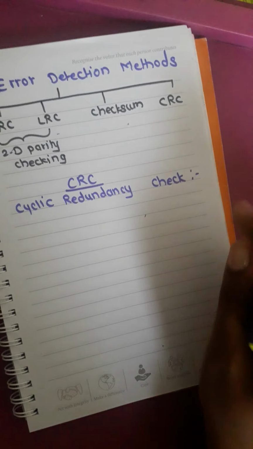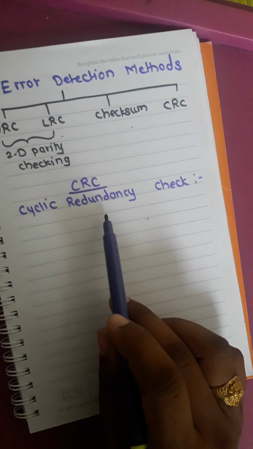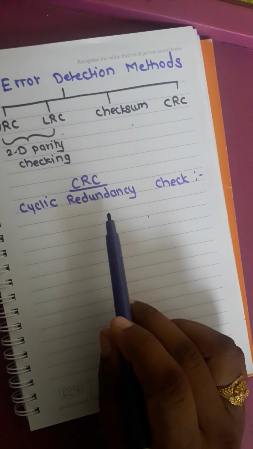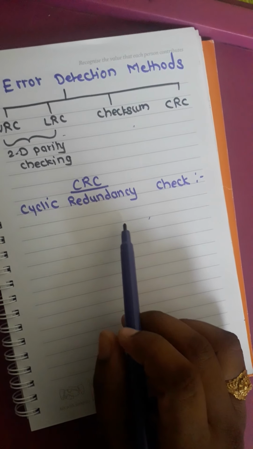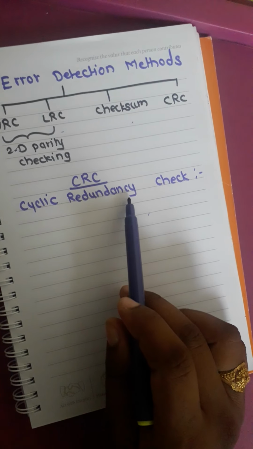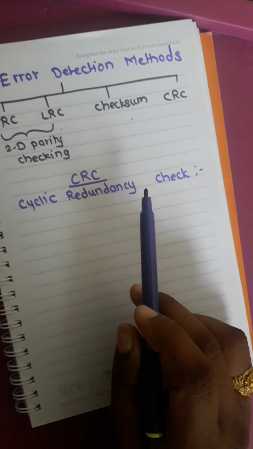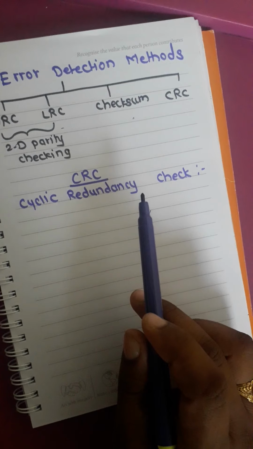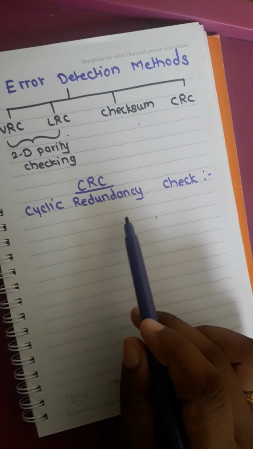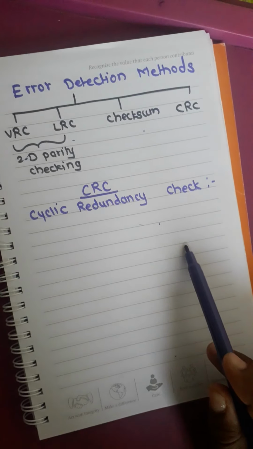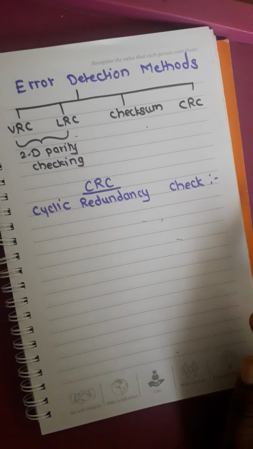There are some requirements of CRC. CRC will be valid if and only if it satisfies some conditions. The CRC bits are the extra calculated, redundant bits which we append to the original data. The original data plus these extra calculated bits will be transmitted to the receiver side, and the same thing happens at the receiver side.